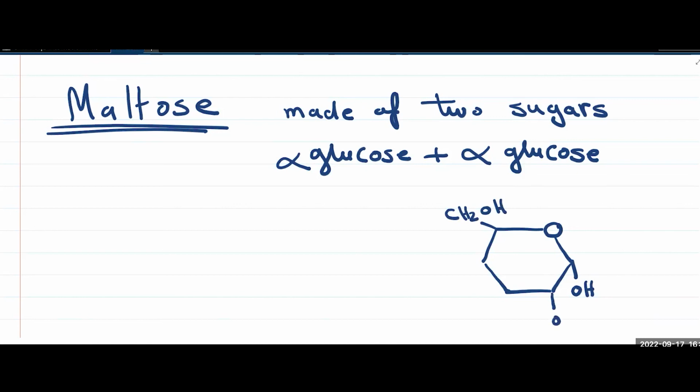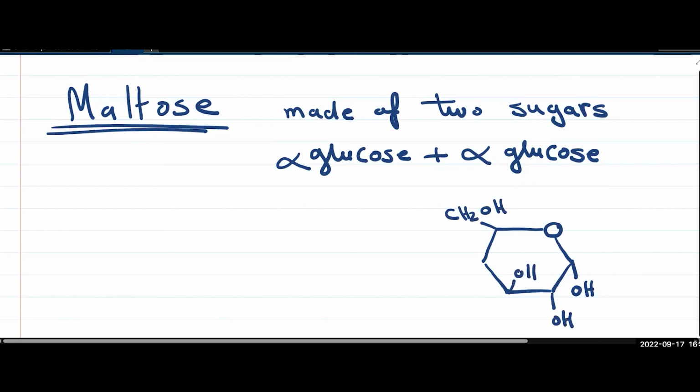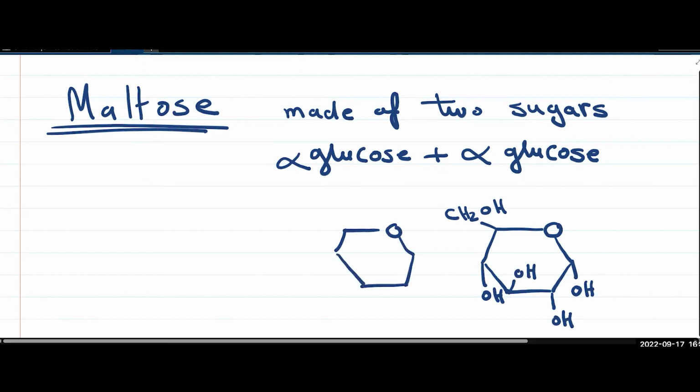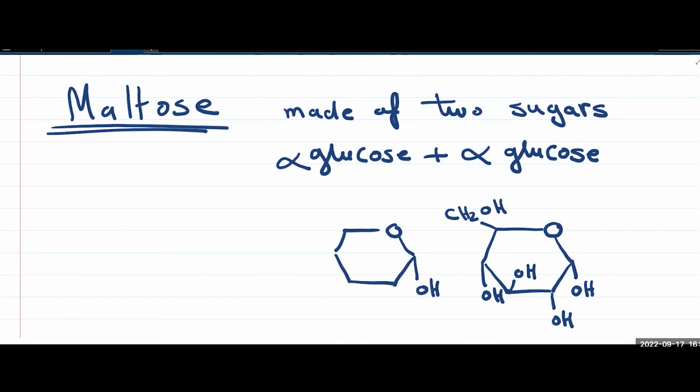Here is carbon number 2, carbon number 3 here, carbon number 4 is again down, obviously the opposite, and inside the ring. All of the others are below the ring. Tamam? And here, this one is also alpha. This is carbon number 2, carbon number 3, carbon number 4 is down. Here, the CH2OH. Here's carbon number 1, 2, 3, 4, 5, 6.